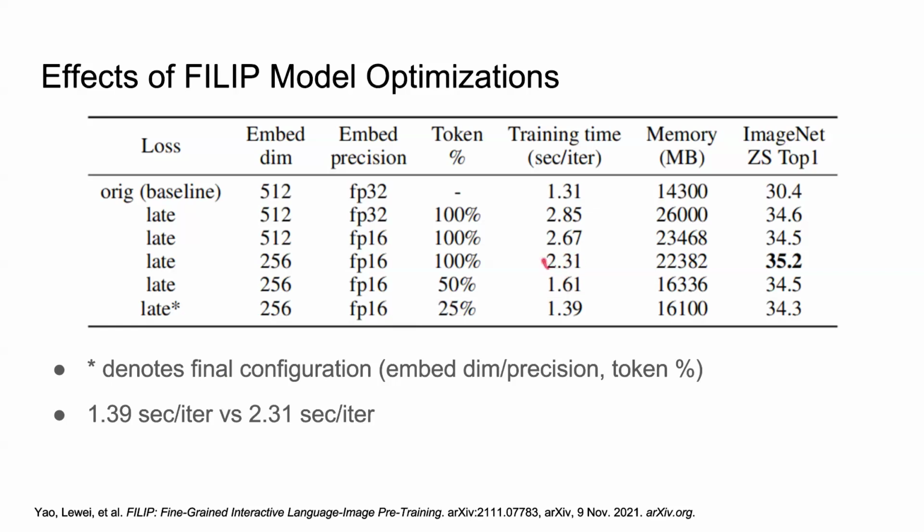So I want to draw attention to this training time here. When FILIP uses 100% of the tokens, the training time is 2.31 seconds per iteration, and it reduces by a second approximately to 1.39 seconds per iteration. And we do see a slight drop in accuracy, but that's the trade-off that FILIP has in order to have a much quicker training time.